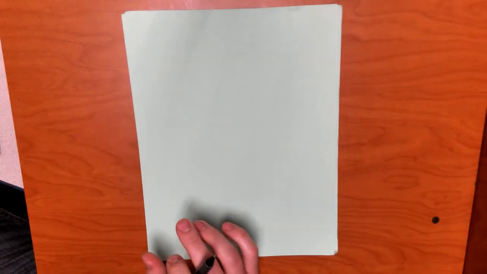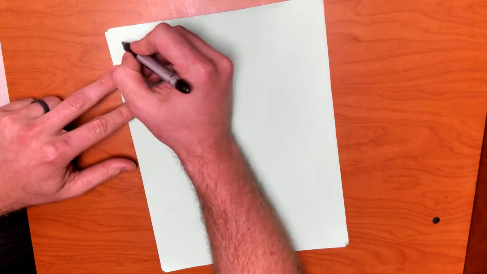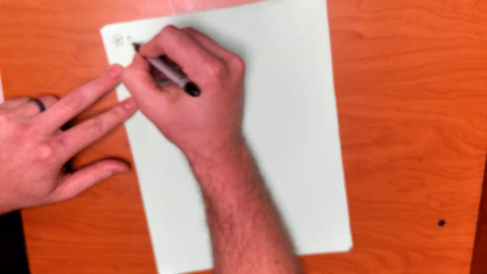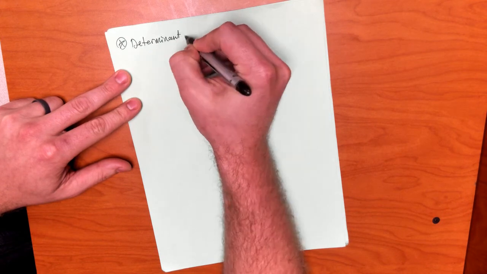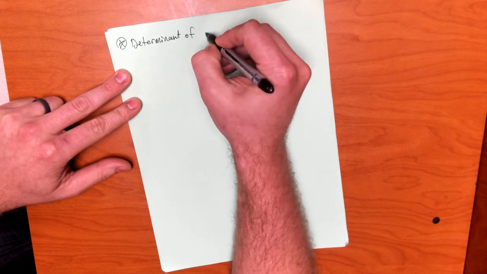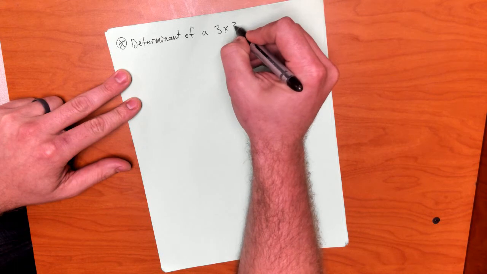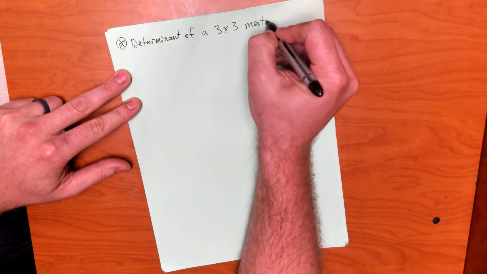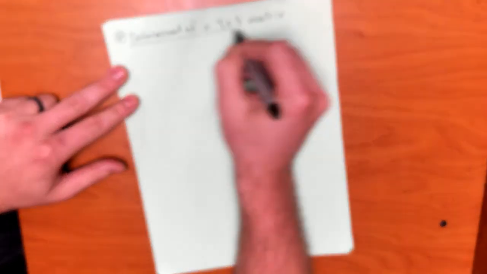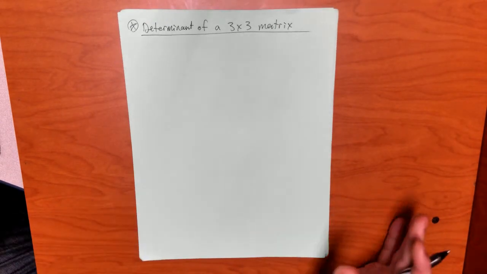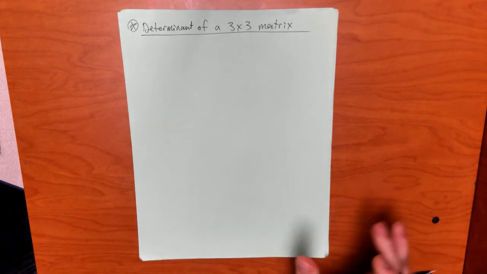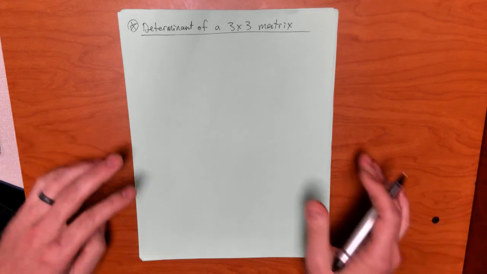What we're going to do now is move on to 3 by 3. So let's write this definition. Determinant of a 3 by 3 matrix. This one's a bit more involved, and really it's just the same steps repeated multiple times. All right, and the only thing that's different is going to be really this initial step.